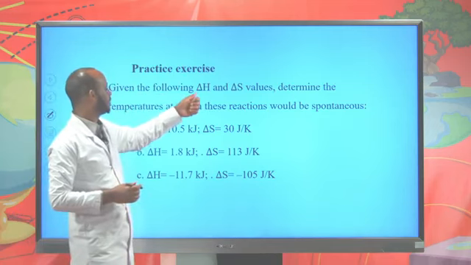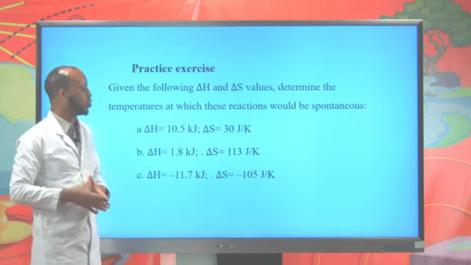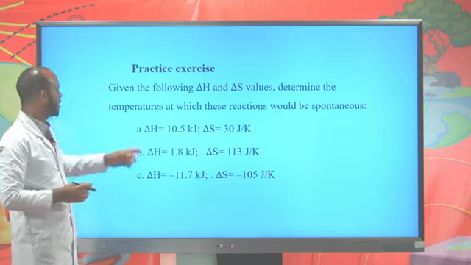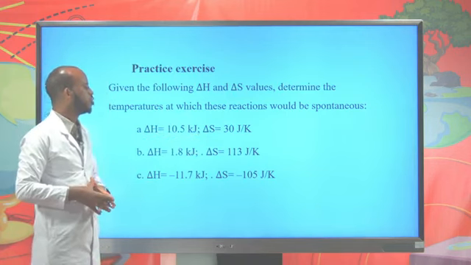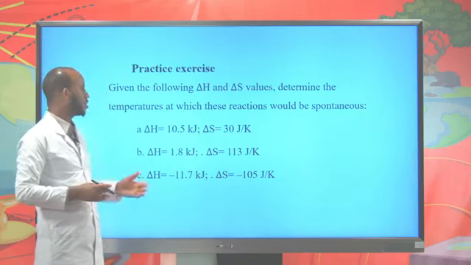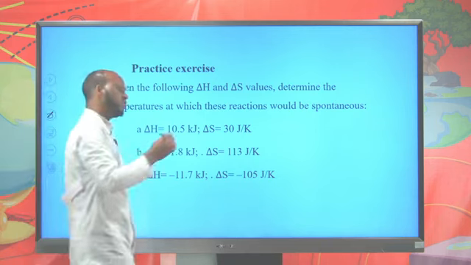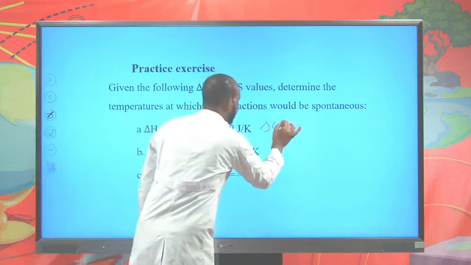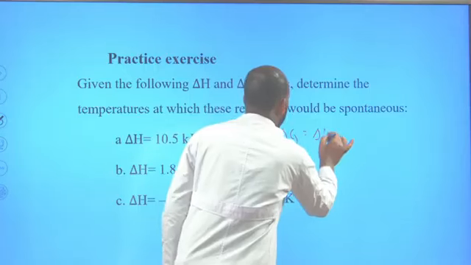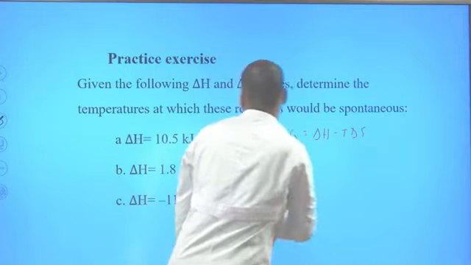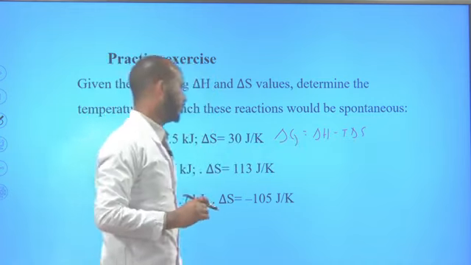Given the following delta H and delta S values, determine the temperature at which these reactions would be spontaneous. A, delta H equals 10.5 kilojoule, delta S equals 13 joule per Kelvin. For what temperature would this reaction be spontaneous? We said the Gibbs free energy change, delta G, relates enthalpy change and entropy change through this equation: delta G equals delta H minus T times delta S. Now delta H is positive, delta S is positive.